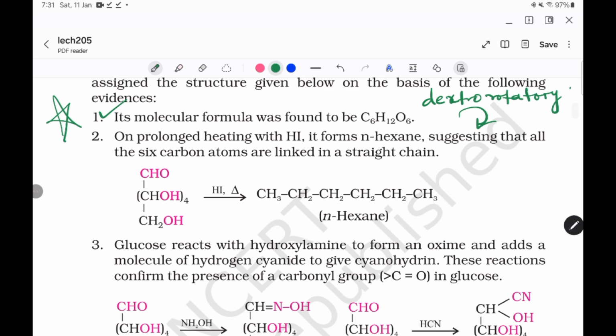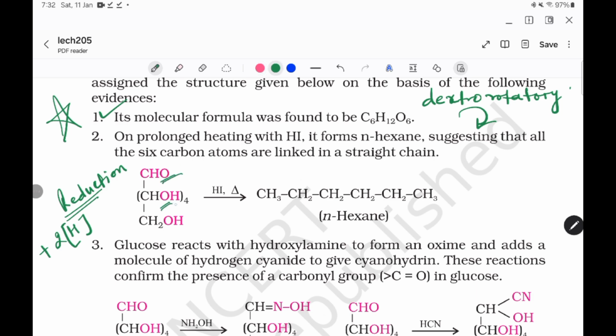The first reaction of glucose is reduction. The meaning of reduction in this case is going to be addition of hydrogen atoms. So in the first reaction, you can see they have shown us the oxygen atoms.